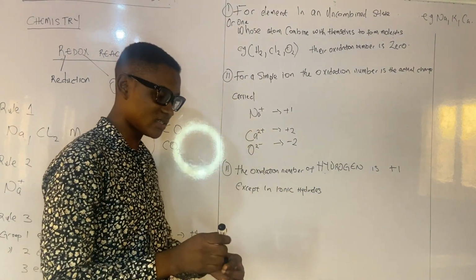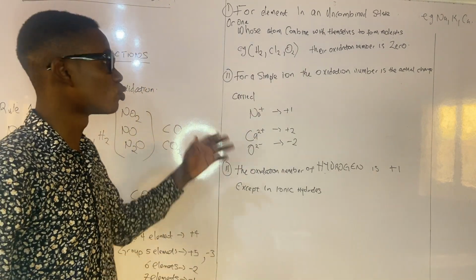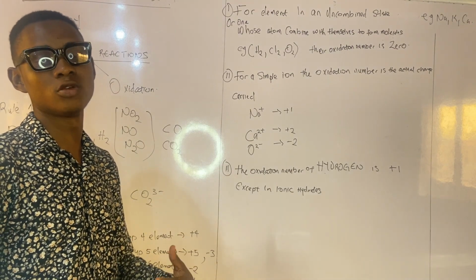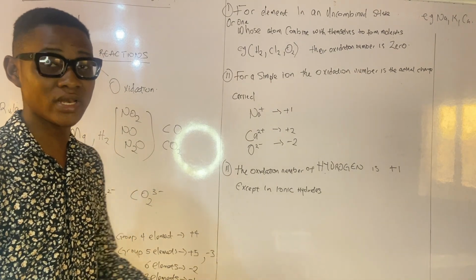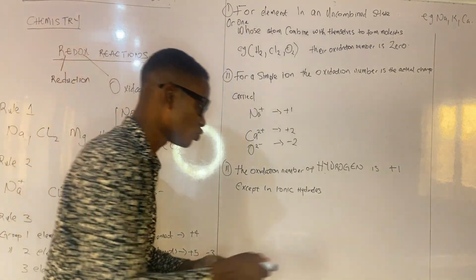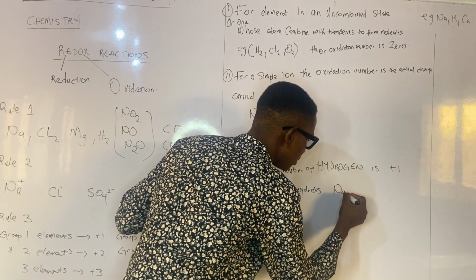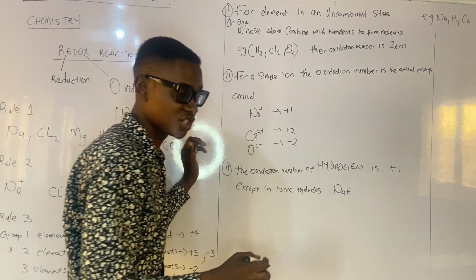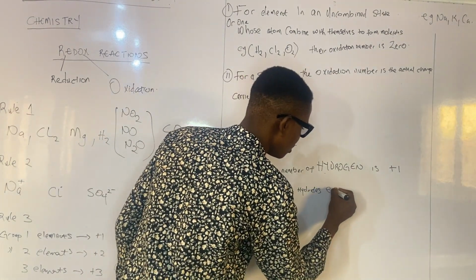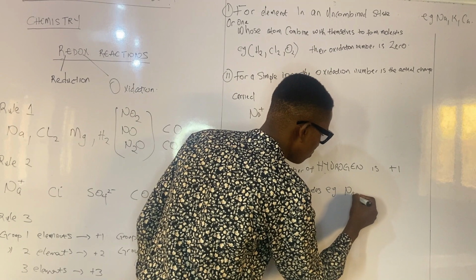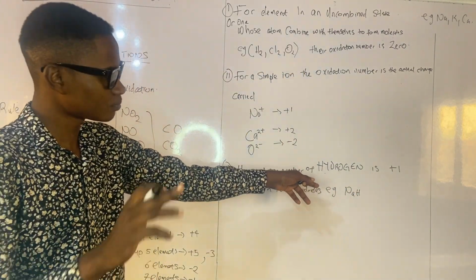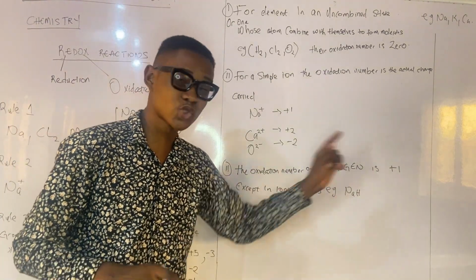And what are ionic hydrides? Very simple. When a metal combines with hydrogen, it is an ionic hydride. A very popular example is sodium hydride, NaH. In this compound, the oxidation number of hydrogen is no longer plus 1.